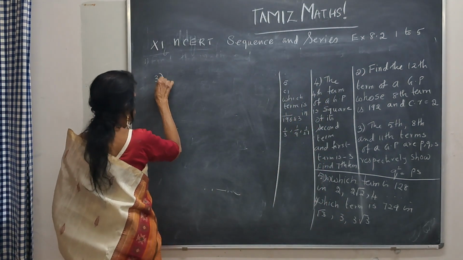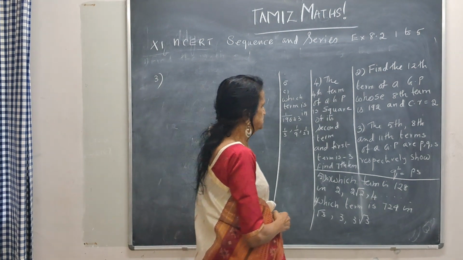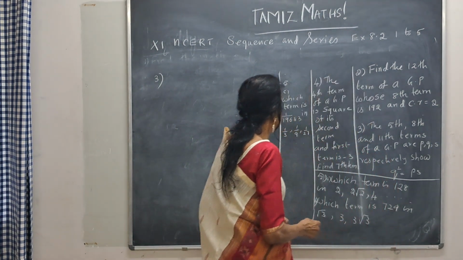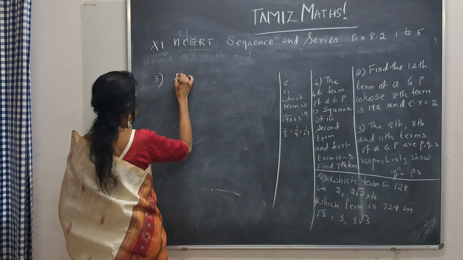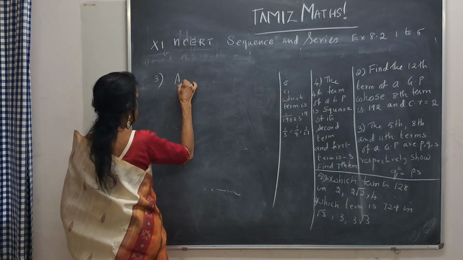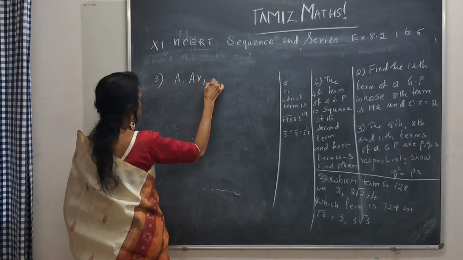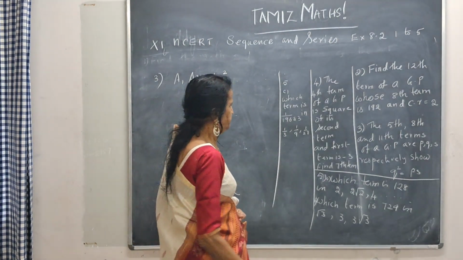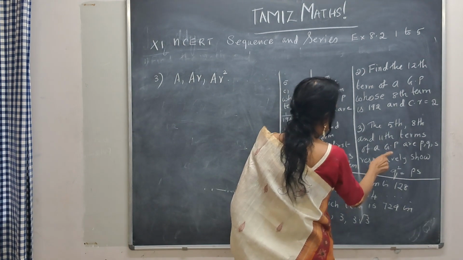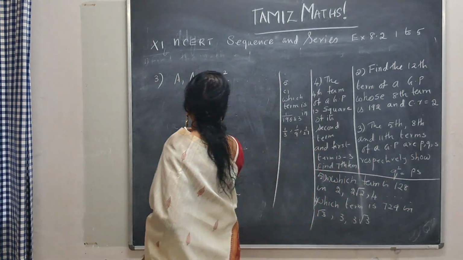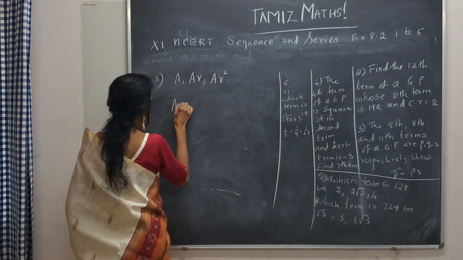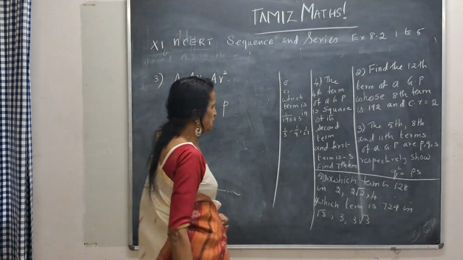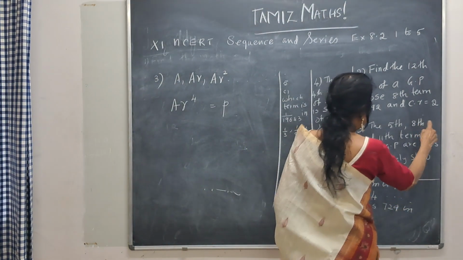Problem 3. The 5th, the 8th and the 11th terms of a GP. Let it be a, ar, ar square and so on. The 5th term is P. What is the fifth term? ar power 4, that is P. What is the eighth term?